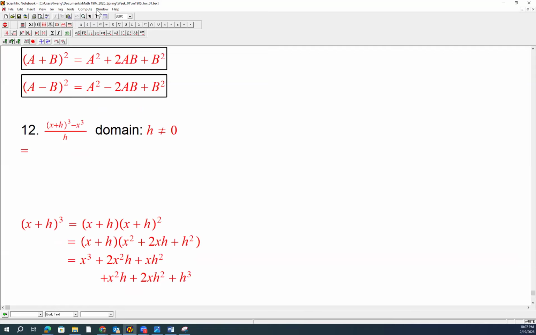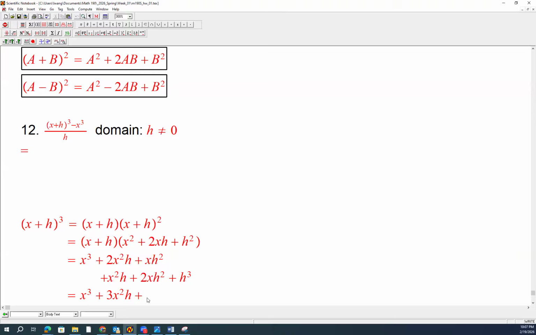And combine the like terms, we get x raised to the power 3 plus, and these are like terms, so it makes 3 times x squared times h. And these two are like terms.